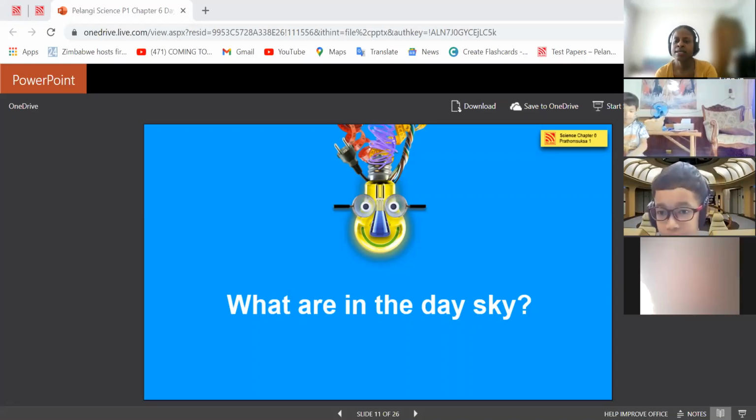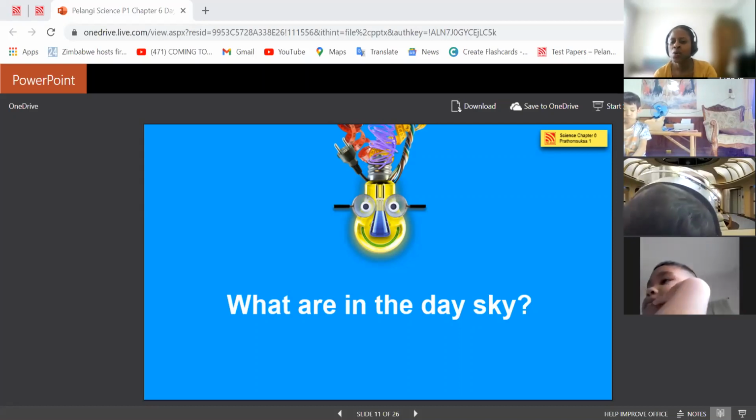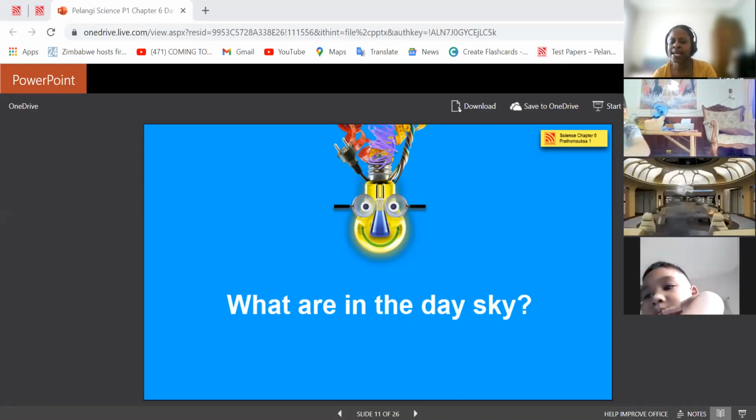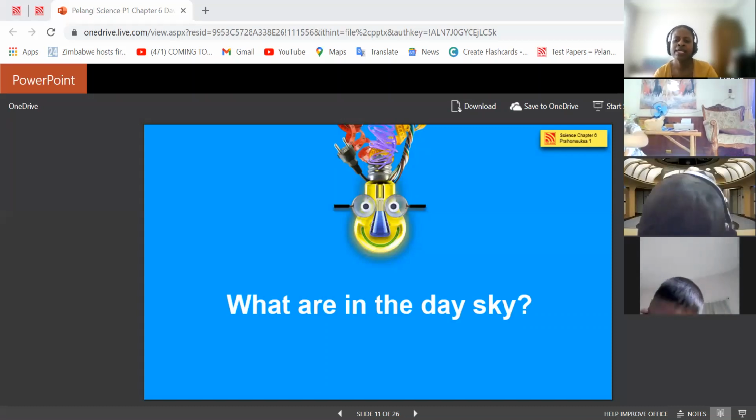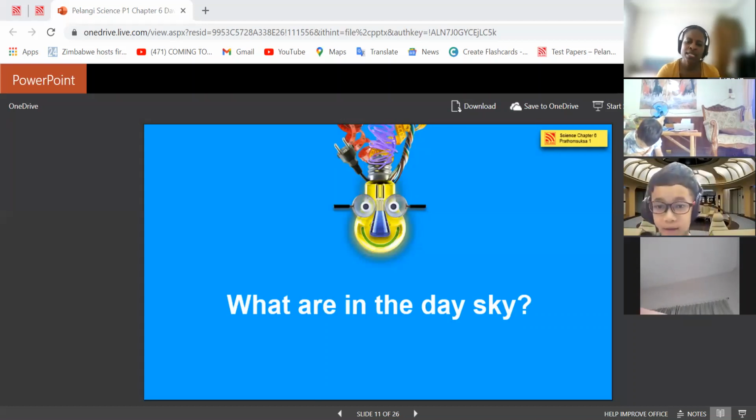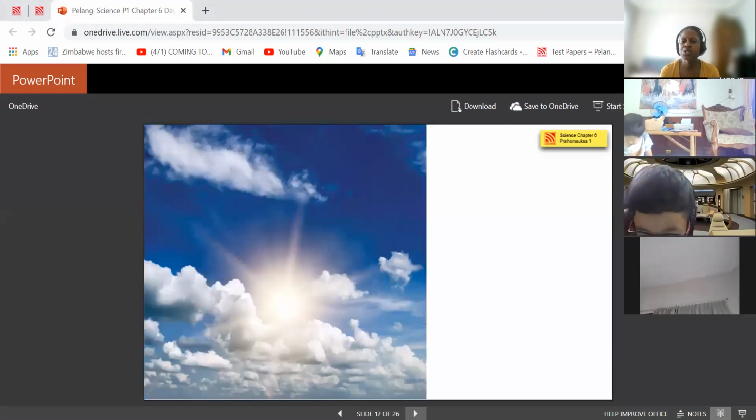Sun. Yes, we see the sun. Clouds, yes. We also see the clouds. Thank you. All right, let's proceed. And big tree. Yes, that is very true.